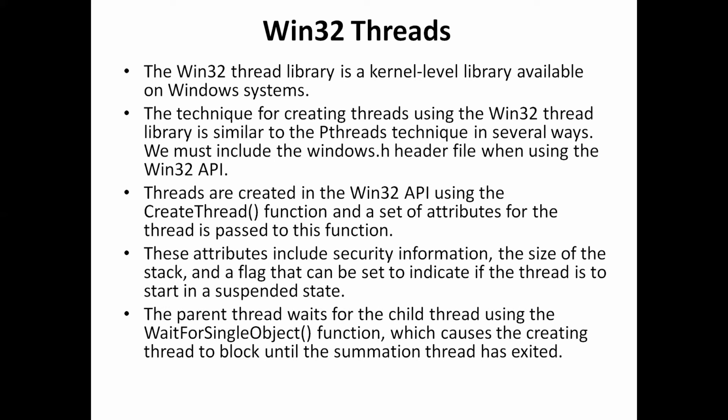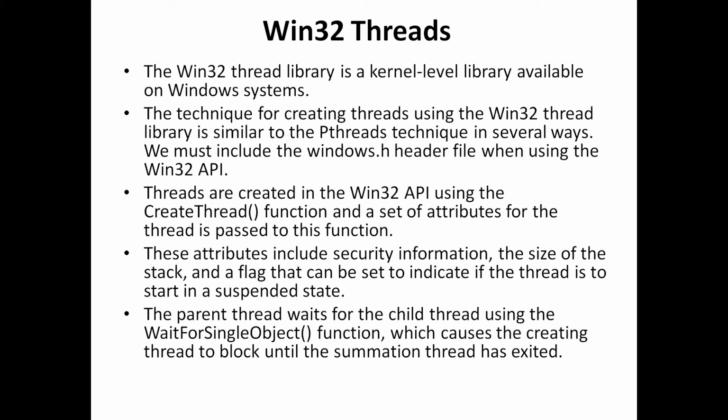We must include the windows.h header file, whereas in pthreads we used to include the pthread.h header file, but here we need to include the windows.h header file when using the Win32 API.